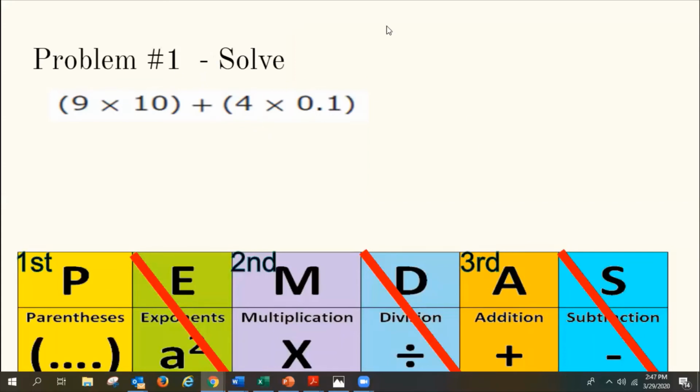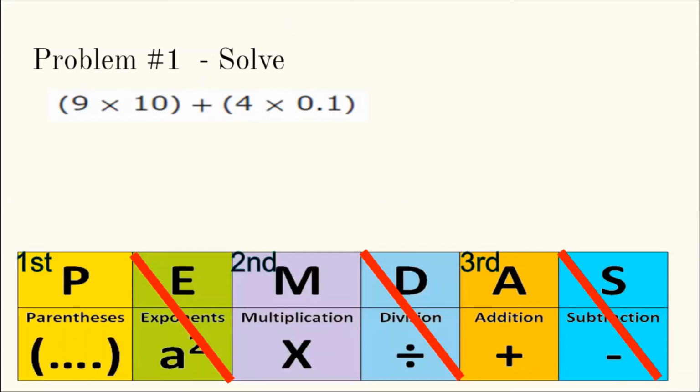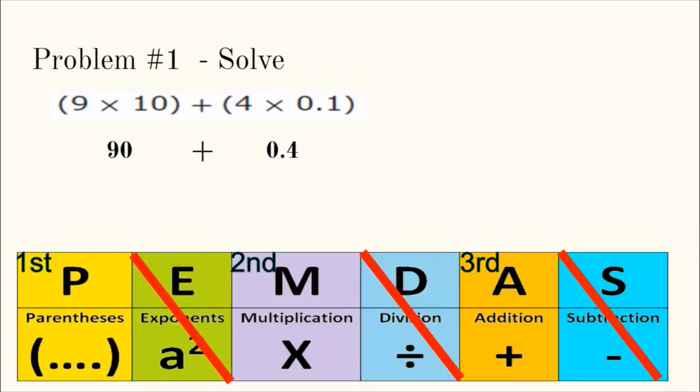Now that you've had a chance to solve, I'm going to go ahead and review. 9 times 10 is 90, and 4 times 1/10 is 4/10. When I combine 90 wholes and 4/10, I end up with 90 and 4/10.